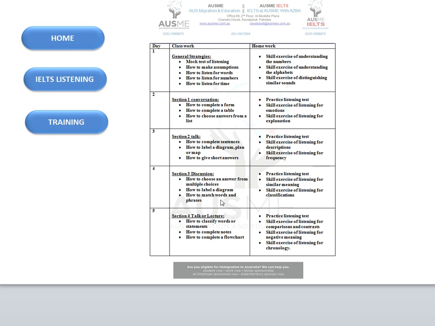So these are particular types of skills that come from the question types you can get for section 3. For that day, the homework you're given is another practice test, and you'll get a skill exercise for listening for similar meaning and also for classifications.